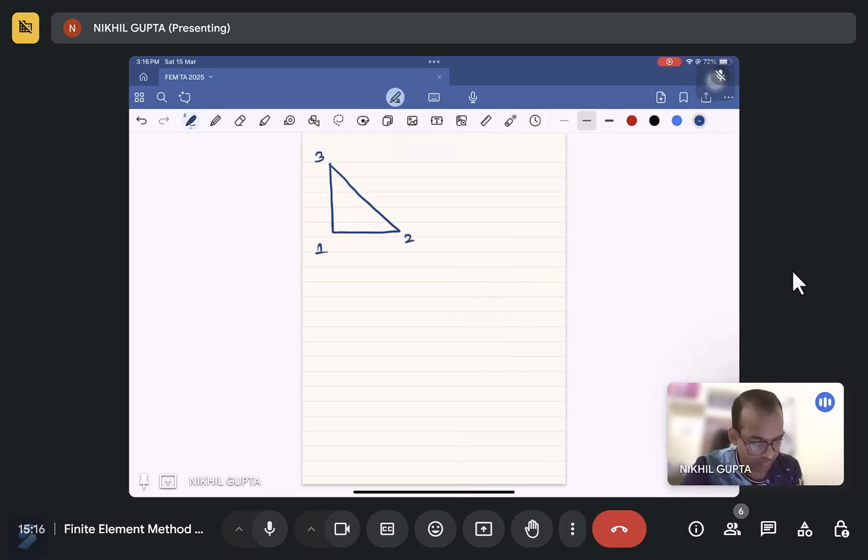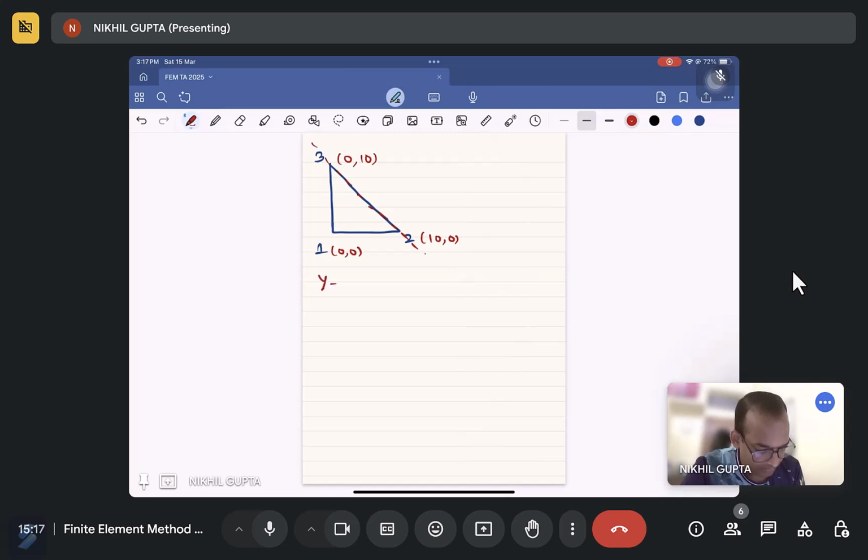If you are finding N1, you have to make a line which crosses the other nodes but not this node. So this line cuts the other two nodes and not this node. The coordinates are (0, 0), (10, 0) and (0, 10). Now you have to get the equation of this line. How will you get it?